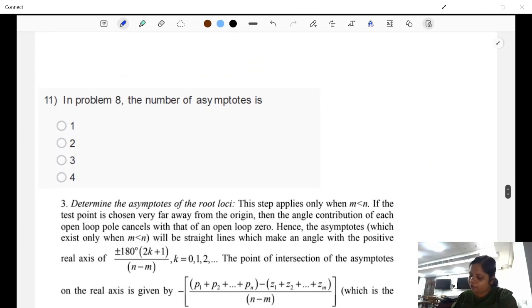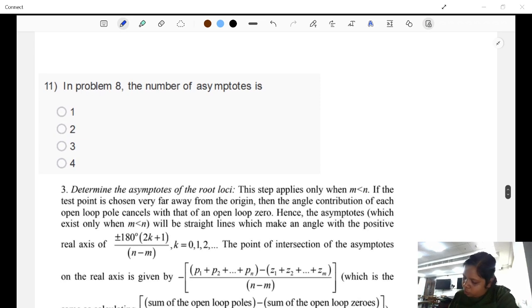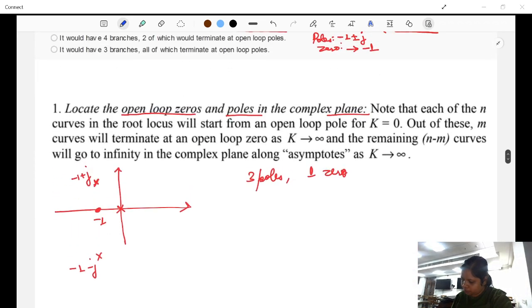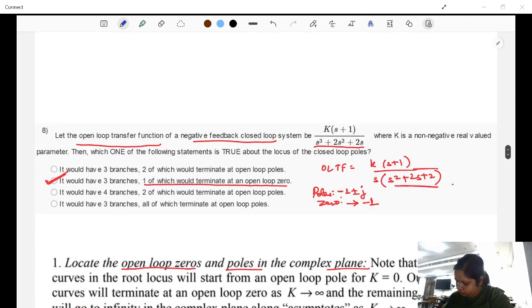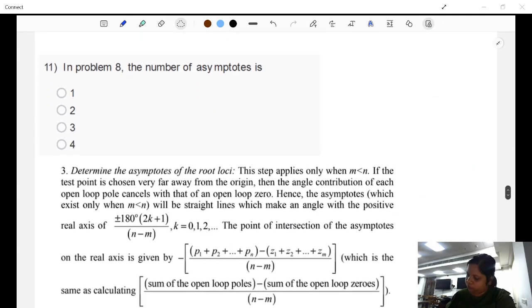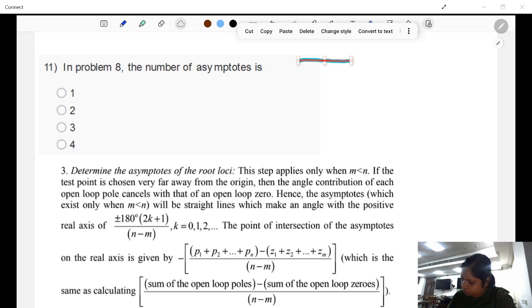Now what is the number of asymptotes? So how would you tell what is the number of asymptotes? First, let me copy this question also. What happened?